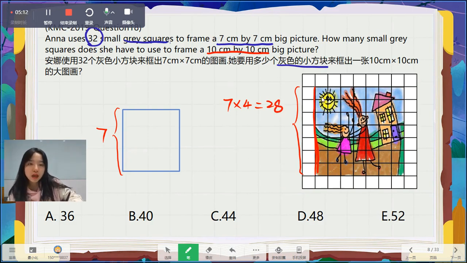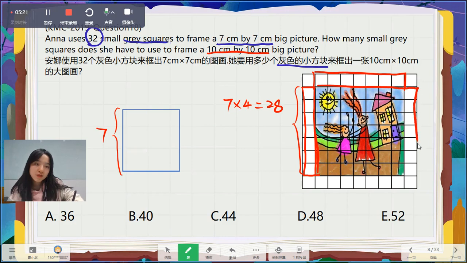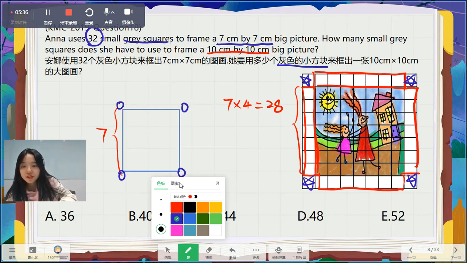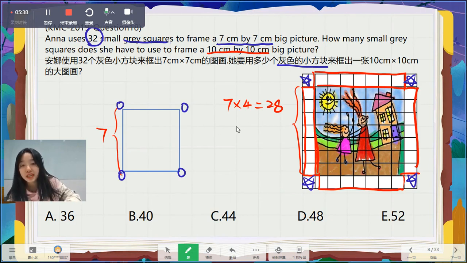Now let's see, can we just frame the 4 sides? If we frame this picture in this way, we will miss the square on the 4 corners. We didn't frame them. So after we frame 4 sides, we still need to count the 4 corners in.